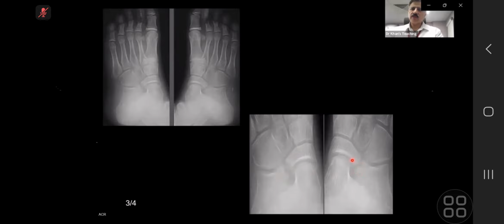Do you see a difference, this versus this? Agreed. You can see that this joint space gives you a slightly irregular type of margin. Look at the margin here, and this is very well defined. This is irregular, maybe a bit of sclerosis is there. What comes to your mind?